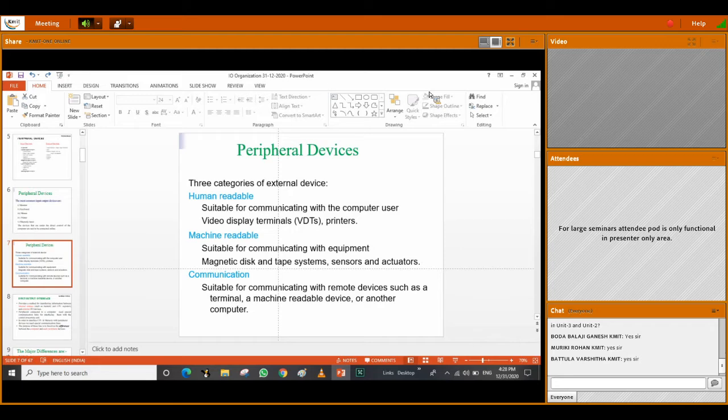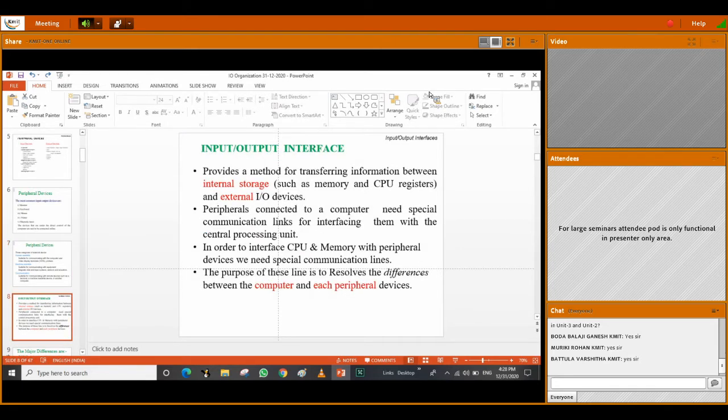Okay, and next we go to the input output interface. What is the input output interface? Mainly, it provides a method of transferring information between internal storage and external IO devices.